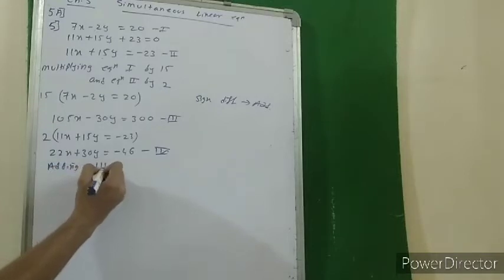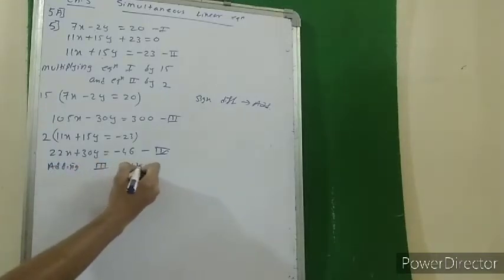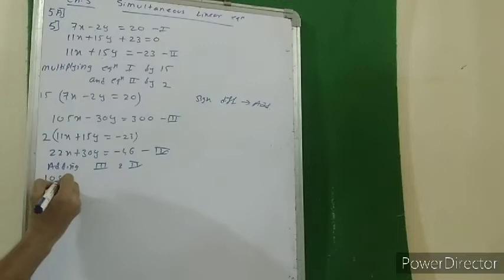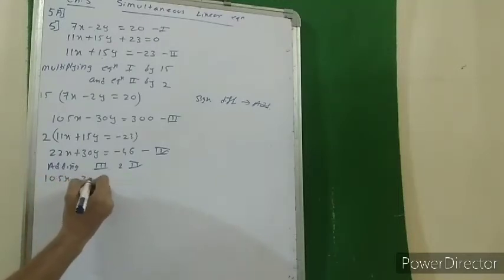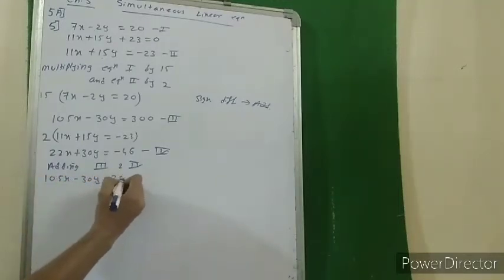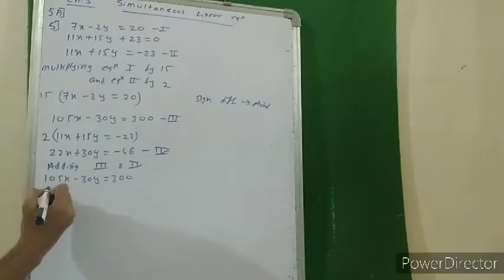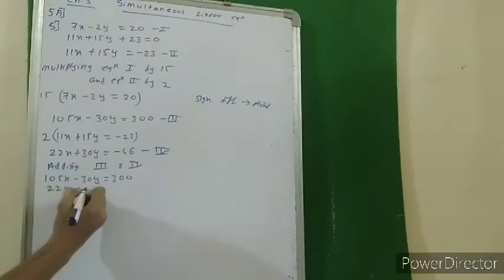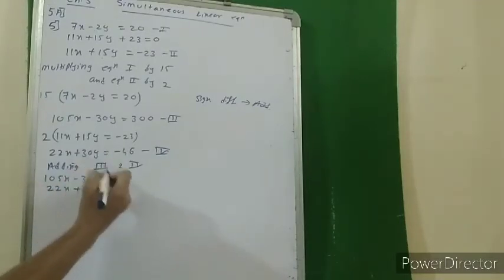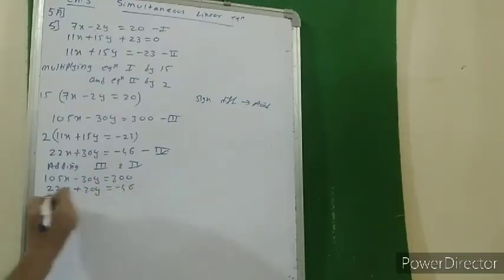So I have 105x minus 30y is equal to 300 and 22x plus 30y is equal to minus 46.